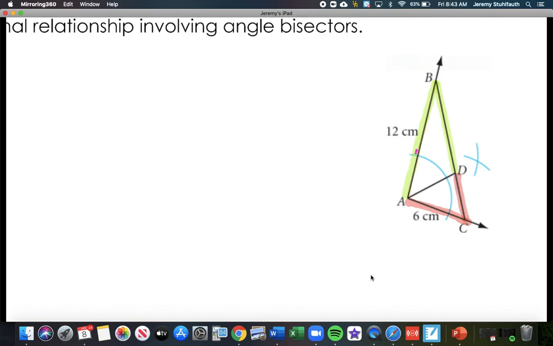So an angle bisector divides the third side into the same ratio as the longer side and the short side. So you have BA over AC equals BD over DC.